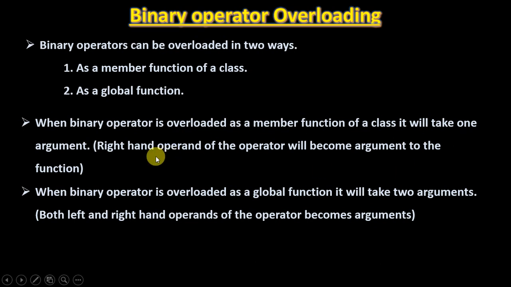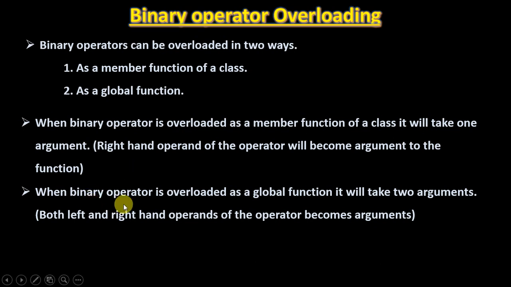So whenever you use a binary operator as a member function, it will take one argument, and that argument will be the right hand side operand. For example, if you have obj1 plus obj2, then obj2 will be the argument to that function, and obj1 will be the invoking object of this operator method.